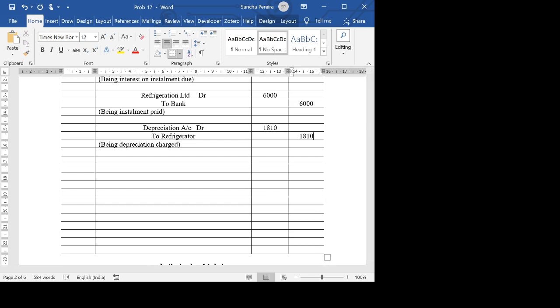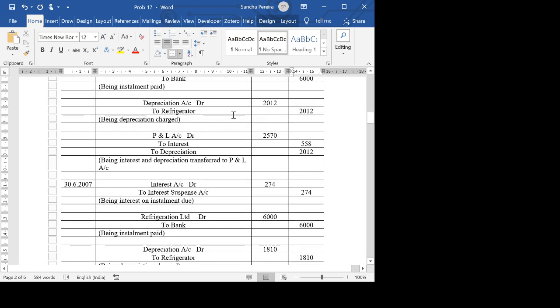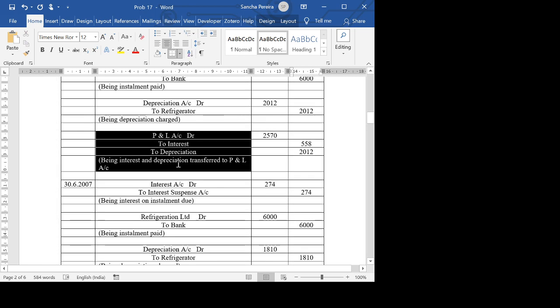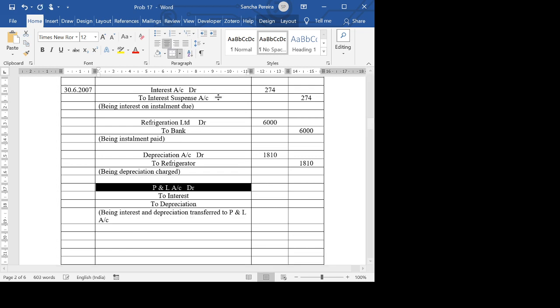And finally, transfer the interest, both the expenses, to the profit and loss account. So interest was 274, depreciation is 1810. Put together they come to 2084.